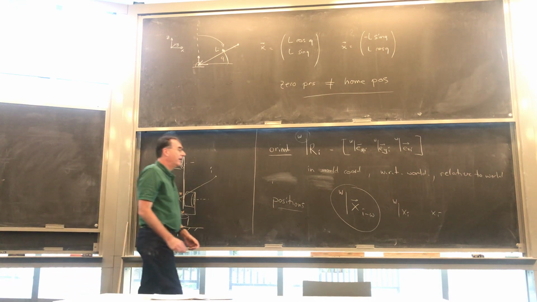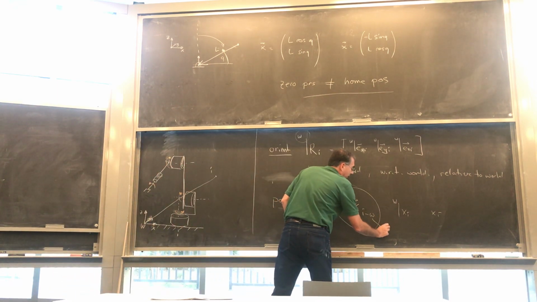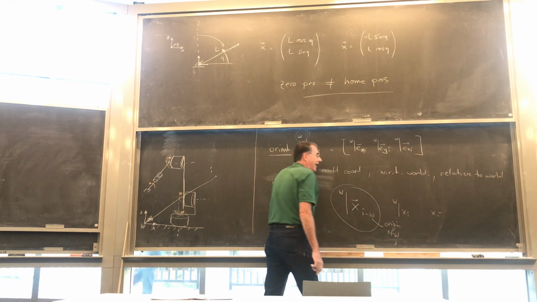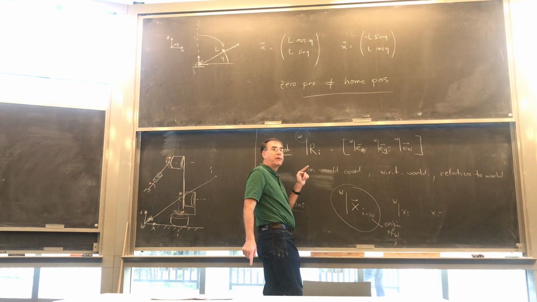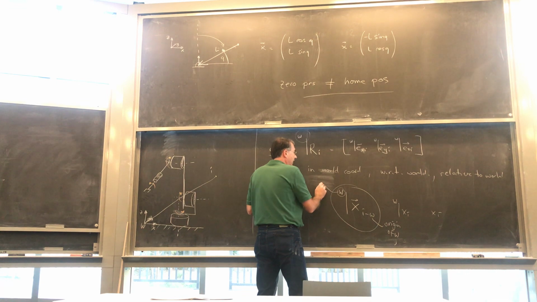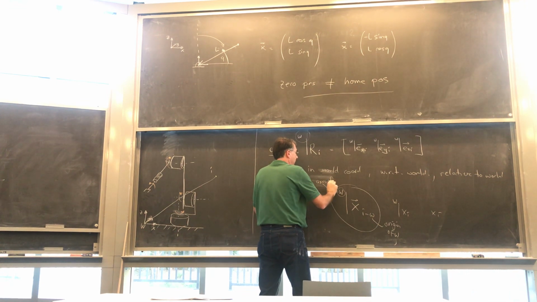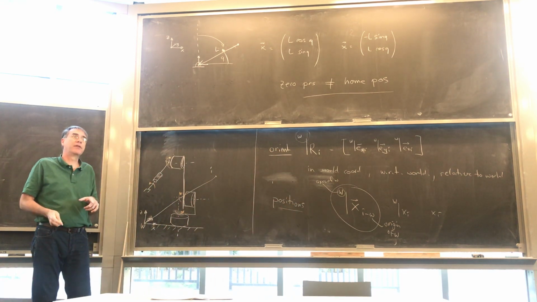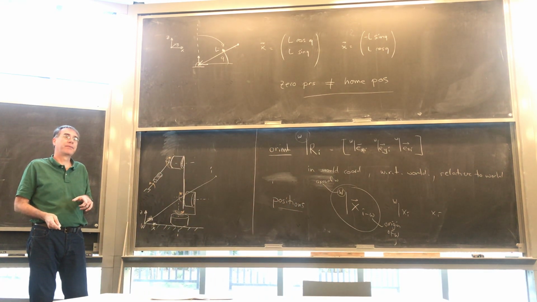And so this means it's the origin of the world frame that you're basing your vector off of. This means it is the axes of W that you're using to get your x, y, and z components of that vector.